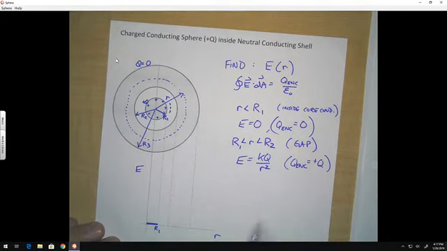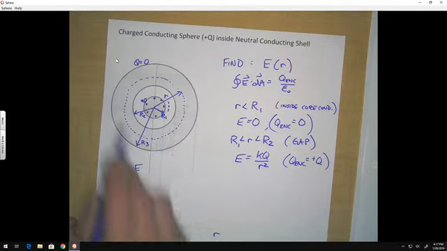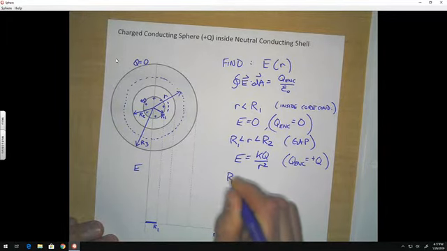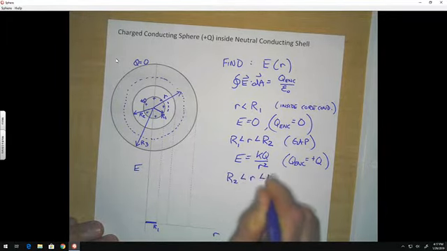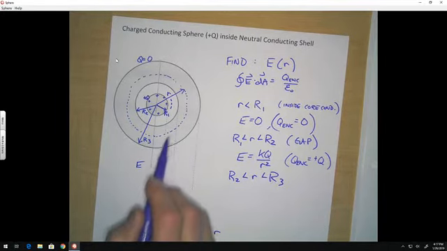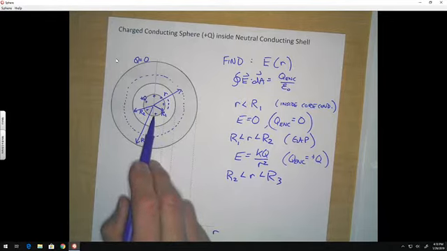Now, the interesting part of this problem is what happens when you're in this range, where I drew the Gaussian surface. What happens when you're bigger than r2, but less than r3? Here's the thing. This is a conductor, and you have a positively charged object in the middle.